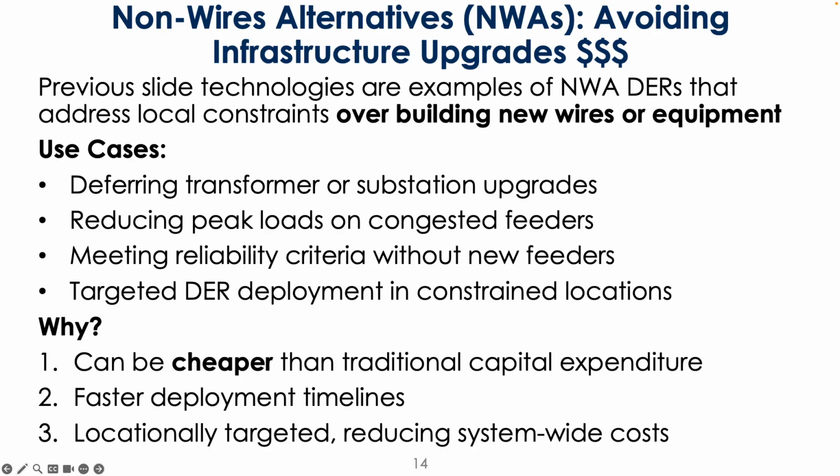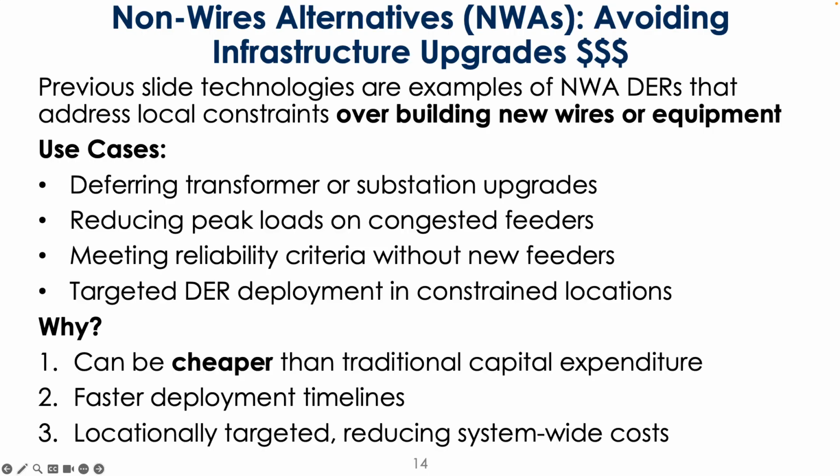And these alternatives are pretty compelling, right? Because you may offset the need for some of these other infrastructure upgrades that I was just mentioning. And so the use cases of these can be tremendously cost effective relative to what a utility might do traditionally, right?